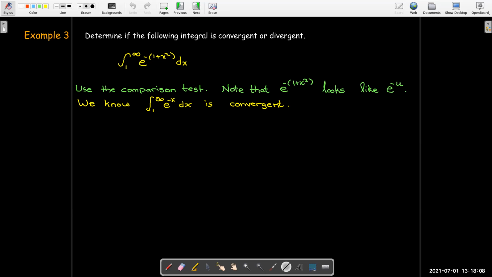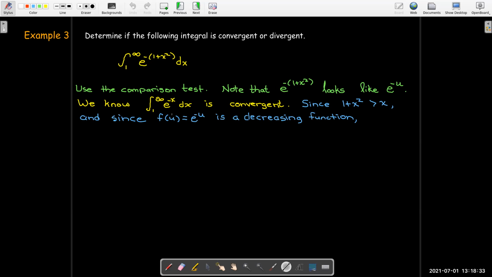If it's smaller, that's going to help us, because remember, we want to be smaller than the convergent integral if we want to show convergence. Now, the exponent 1 plus x squared is bigger than x for any value of x.